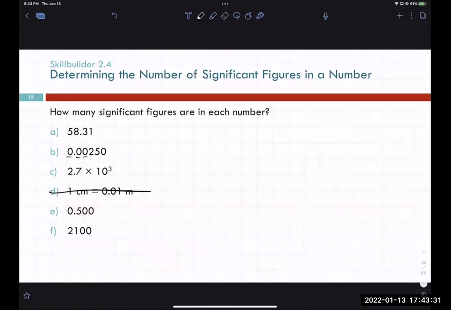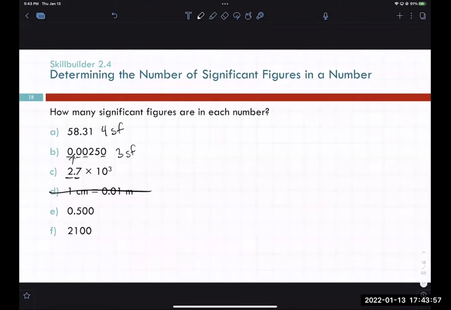Never significant. But we do have a decimal place, so this 0 is significant. So that is 3. Let me write these in here. 3 sig figs, 4 sig figs. For C, 2 sig figs. And so we only keep track of sig figs in the decimal portion of our scientific notation. The rest of it doesn't change any of the sig figs.